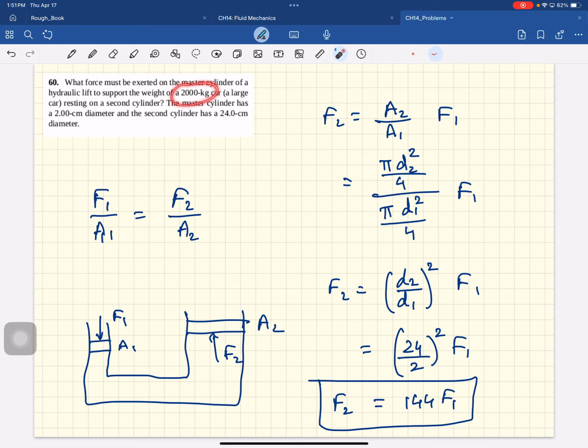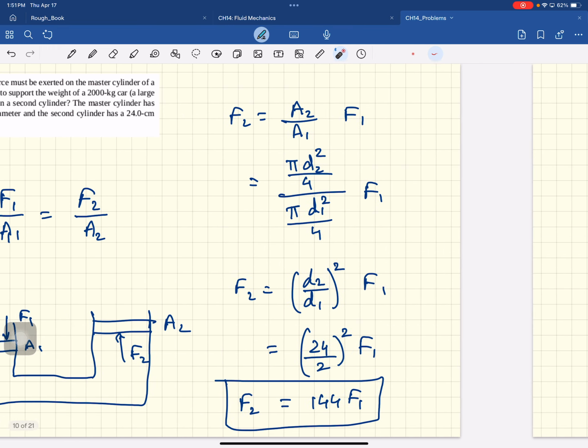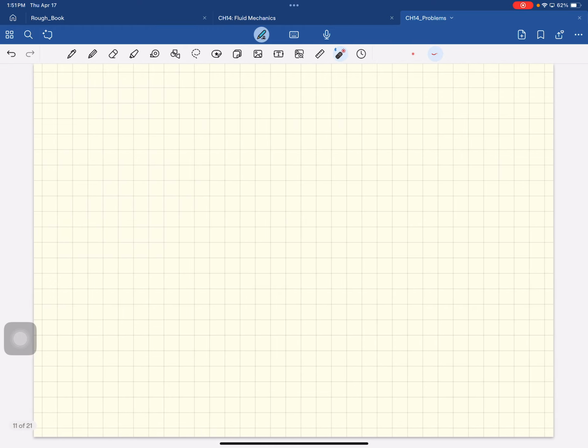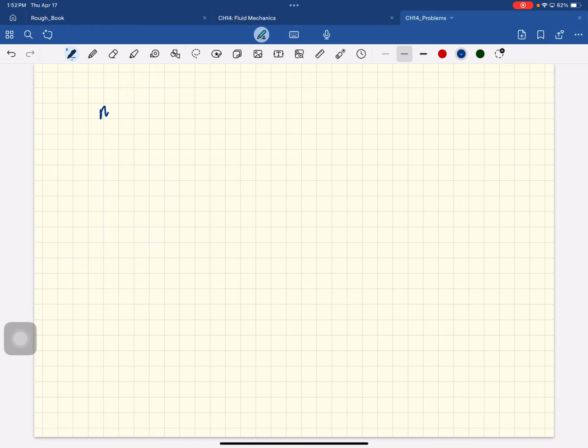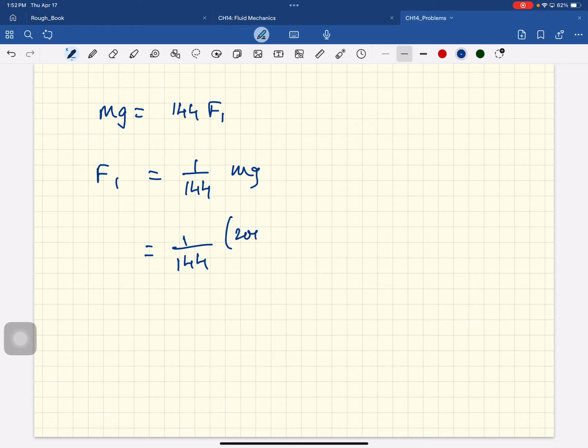So we'll calculate that again. So mg is the output force, which is equal to 144 times the input force. I mean, I can calculate the numbers, but the numbers won't mean anything, you know.